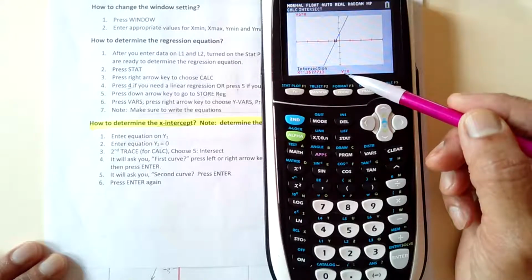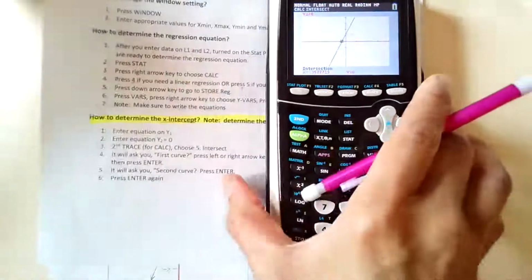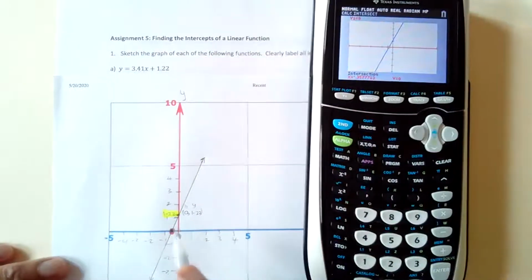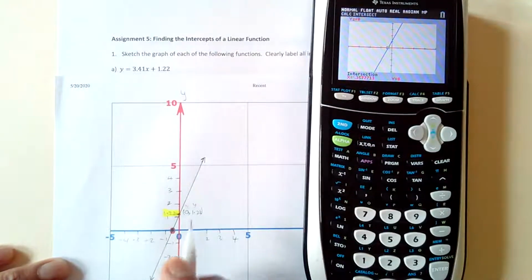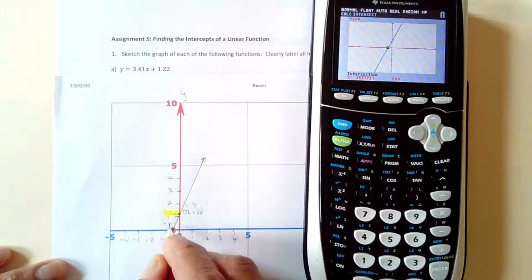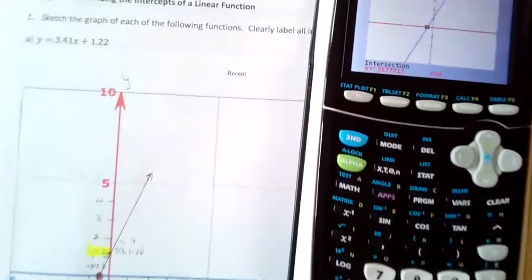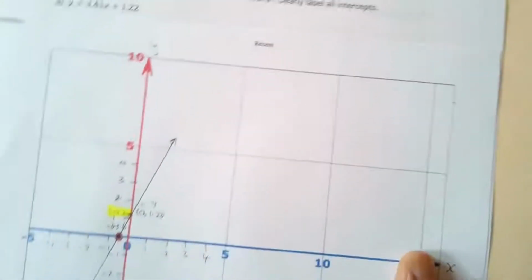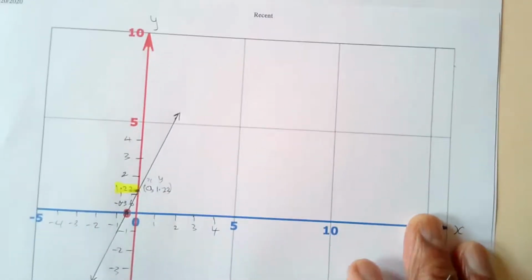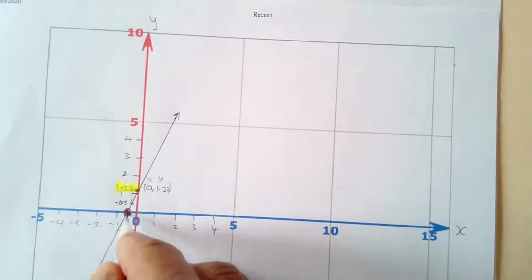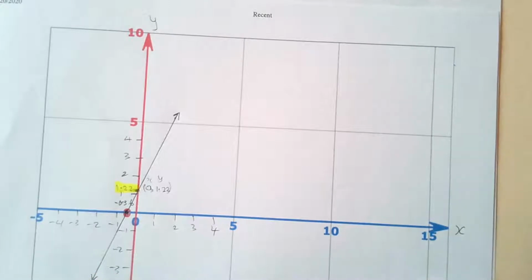So y is 0, and the value for x in this case is negative 0.36. That's your x-intercept. So put that.